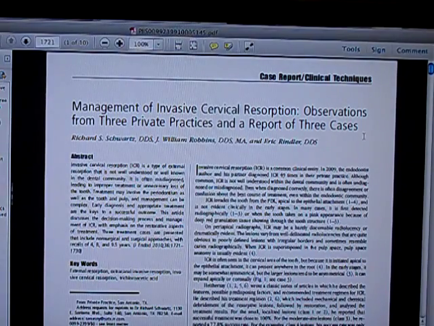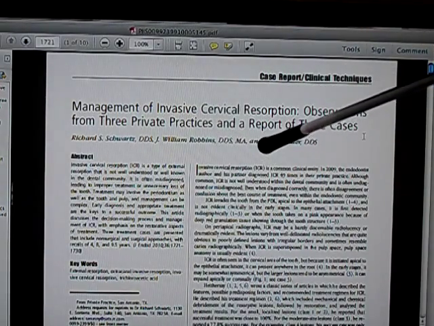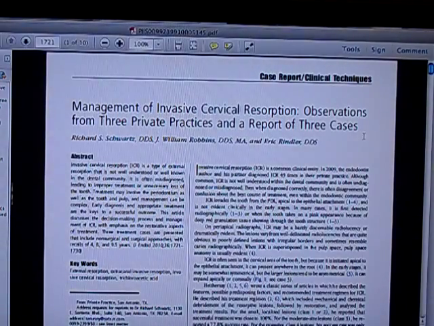Let's go to this article. This is a really cool article. This comes from Rick Schwartz, Bill Robbins, and Eric Rindler. These guys practice in San Antonio. These are private practitioners. I don't know if you guys know their names, but you've probably taken a course with them, or read a textbook that they've written, or read journal articles that they've written.